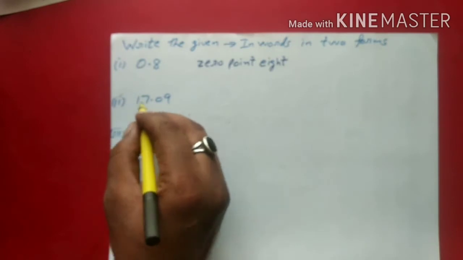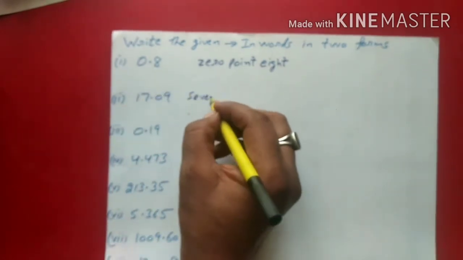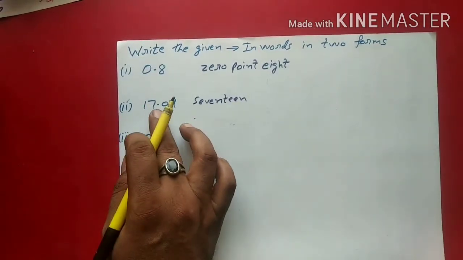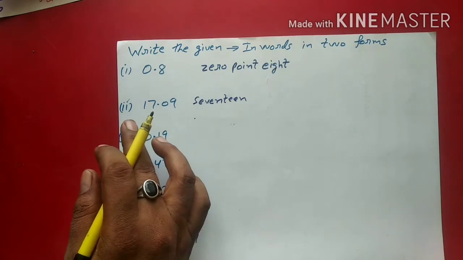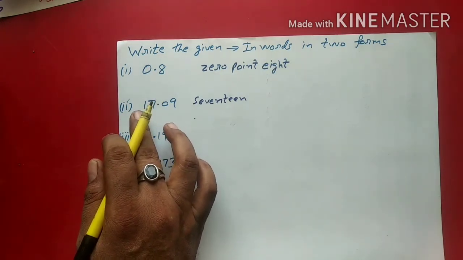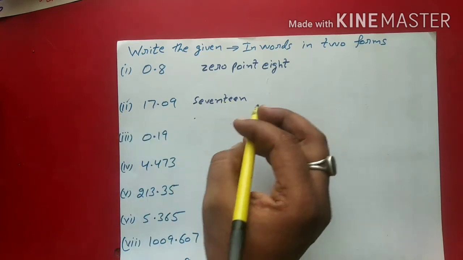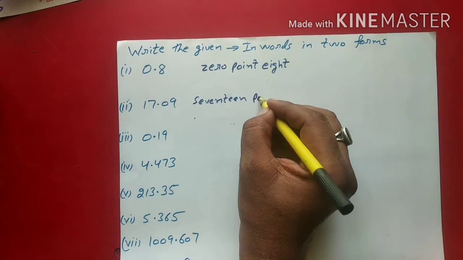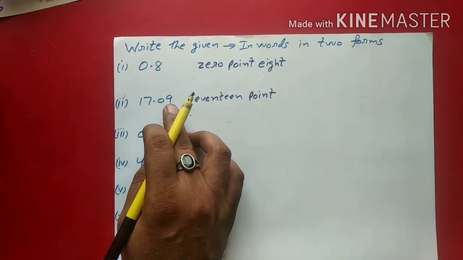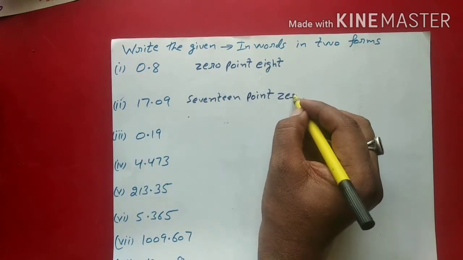I will write 17, because this is to the left hand side of the decimal. After that I will write point. 17 point, this is 9, but I will write 0, 9.